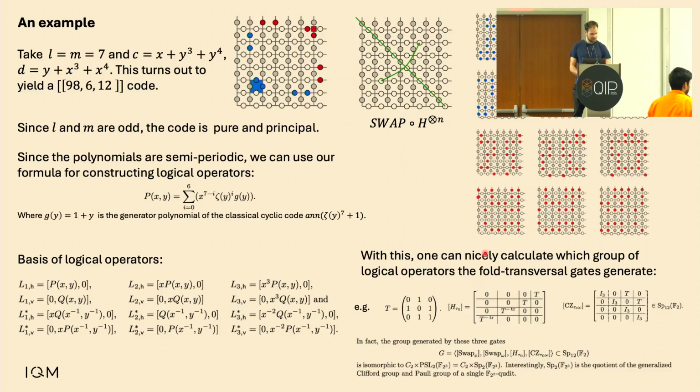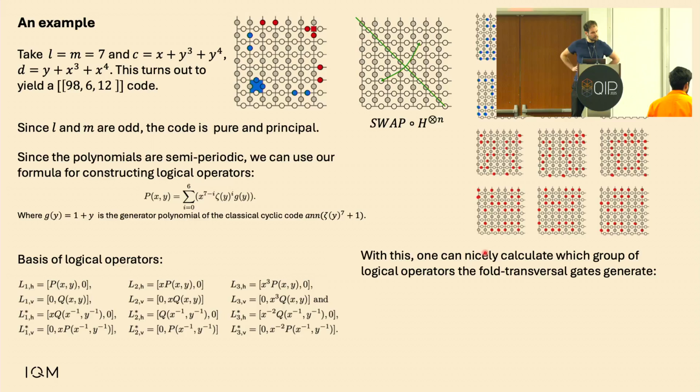It looks like a tableau to me. Yeah, how each logical transforms into each other logical. But I had a different question. Have you ever thought about using this basis of logical operators to reason about the fault-tolerant schedules?